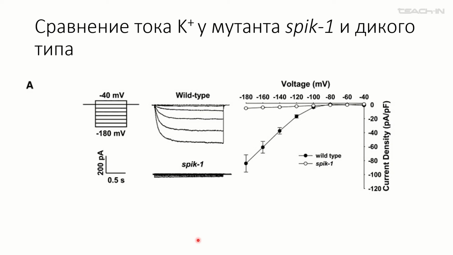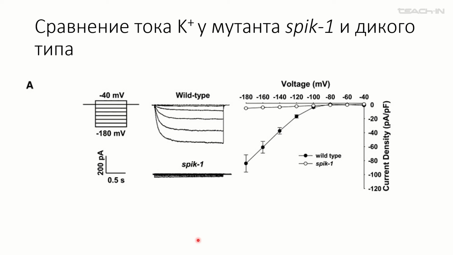Что у нас за лестница? Минус 40, минус 180 слева. Это поданные на мембране потенциалы. И на картинках мы видим, что у дикого типа при негативном мембранном потенциале наблюдается ответ, открываются калиевые каналы, тогда как у мутанта СПИК-1, это мутант по калиевым каналам, и они не работают.